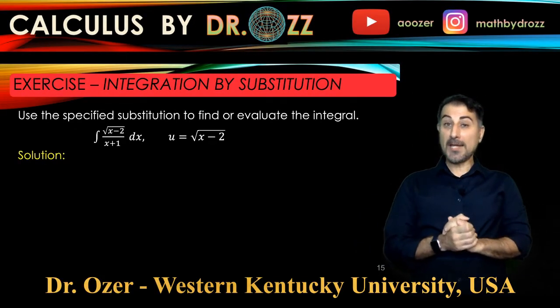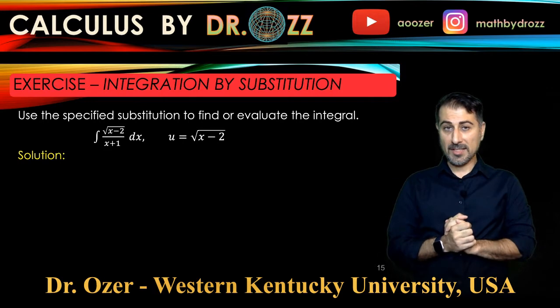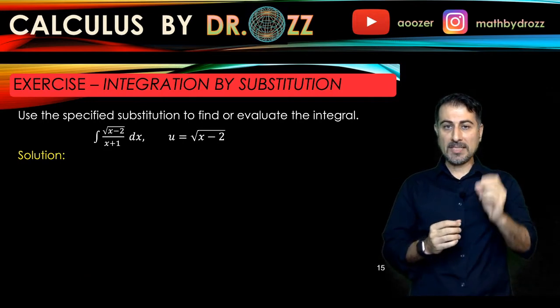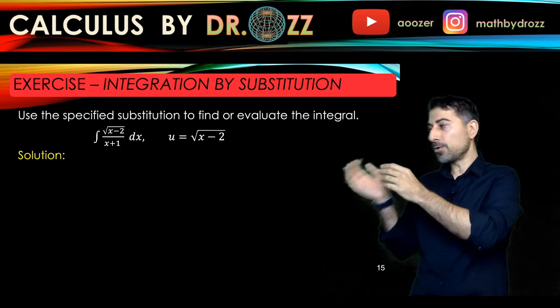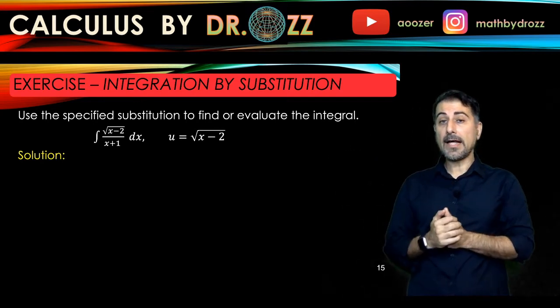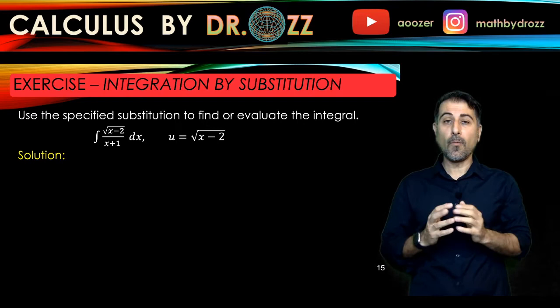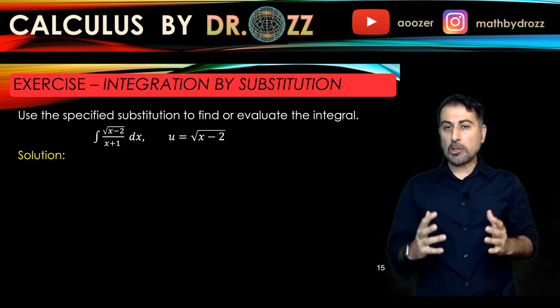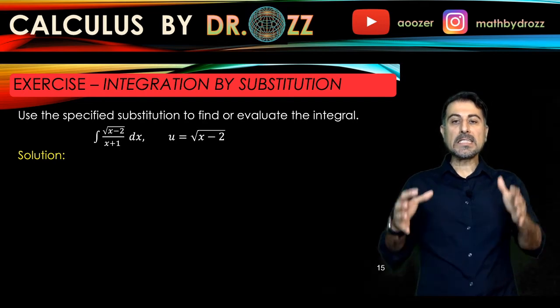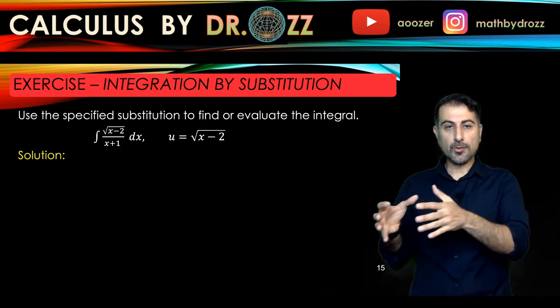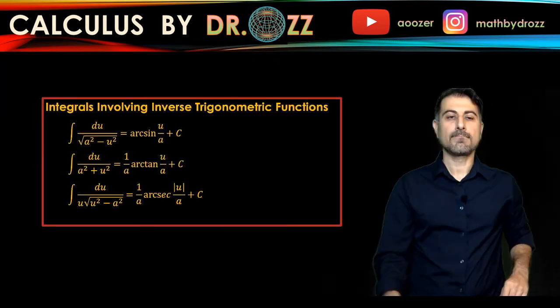Today we're going to practice integration by substitution with a specific u-substitution designed for the given integral, radical x minus 2 divided by x plus 1. Our goal here is to apply the substitution and convert this integral into one of the forms right here.